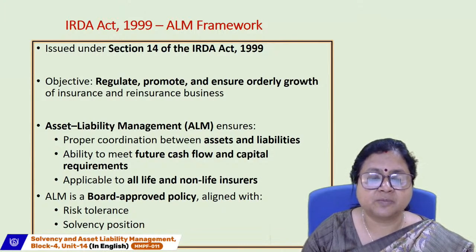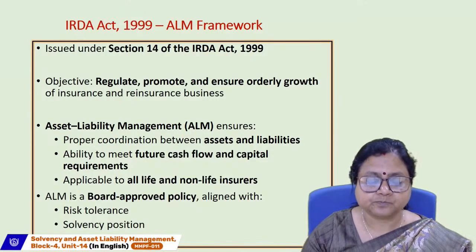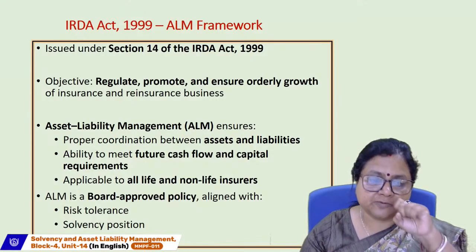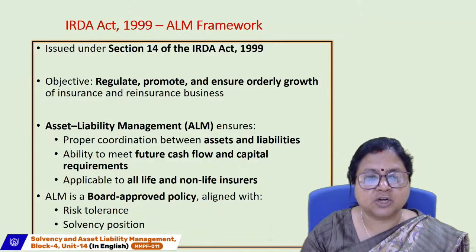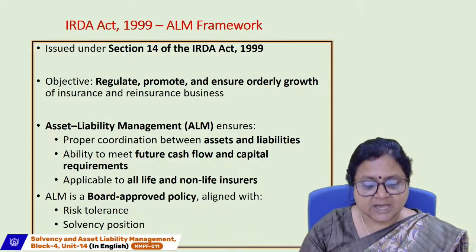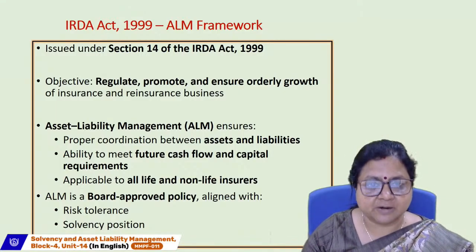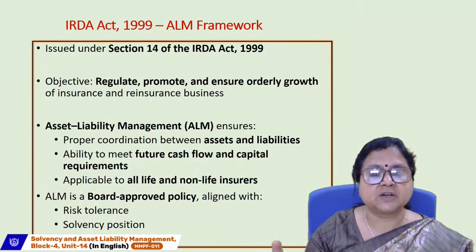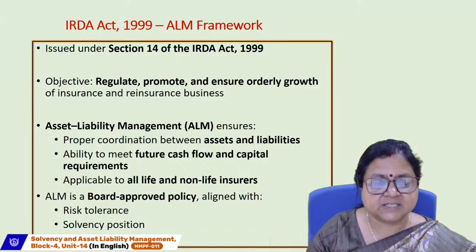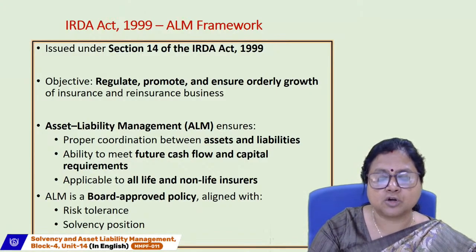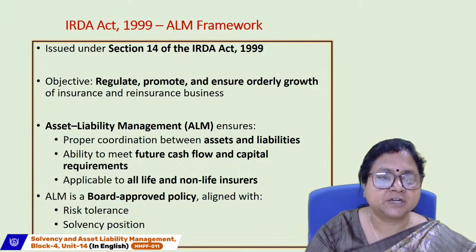Risk tolerance of a particular organization, and solvency position of that organization. We already talked about solvency position: what is the assets to liability position, and the liquidity requirements. So how much liquid assets has to be there with the organization in order to pay off the liabilities.